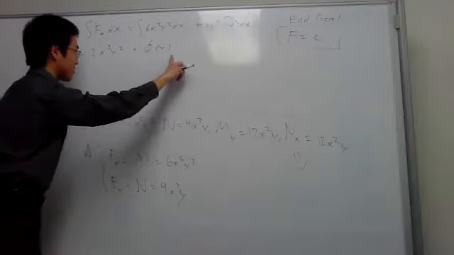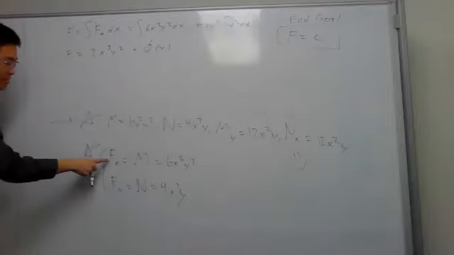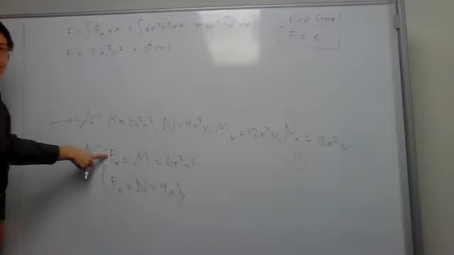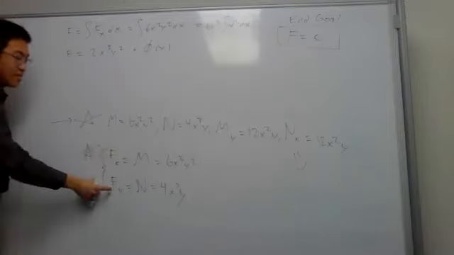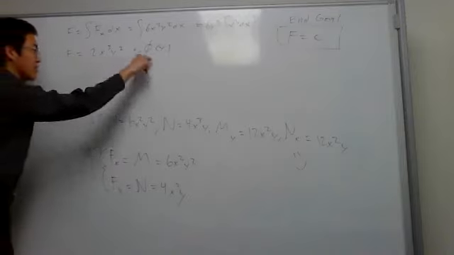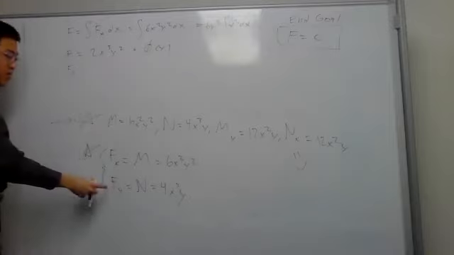Once we get to here, note that we used the fx. What piece of information did we not use yet? Fy. So let's take the derivative of this with respect to y now, because that's what we still need.